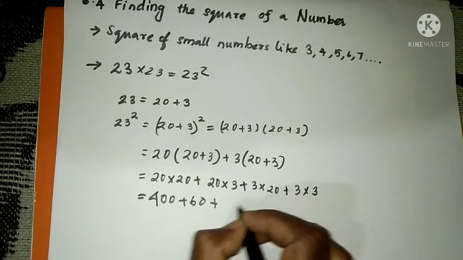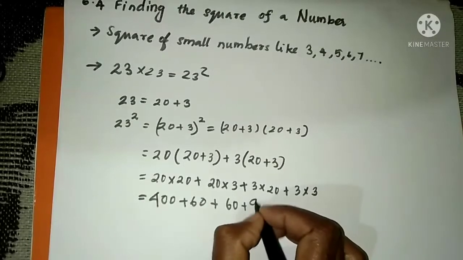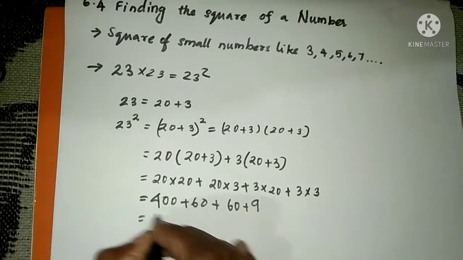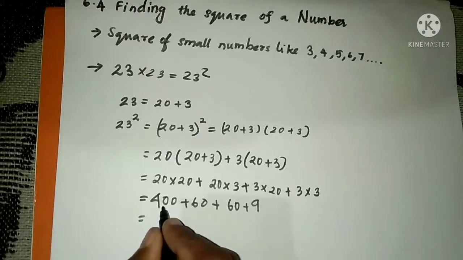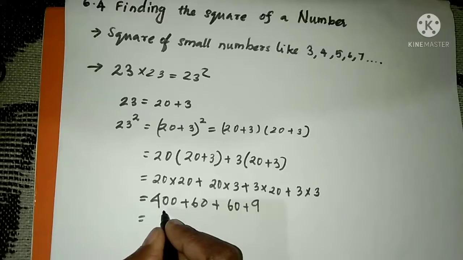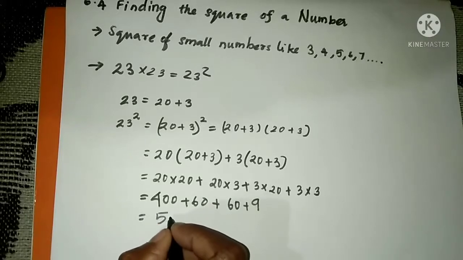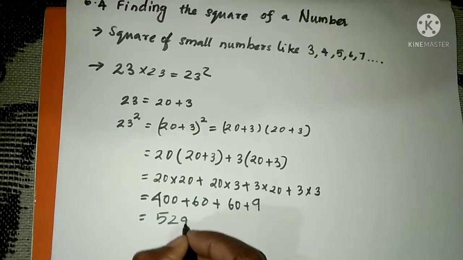The same thing here, plus 3 threes are 9. Now only the addition is left. So 60 plus 60, that is 120, plus 400 is 520, plus 9. So the answer is 529.